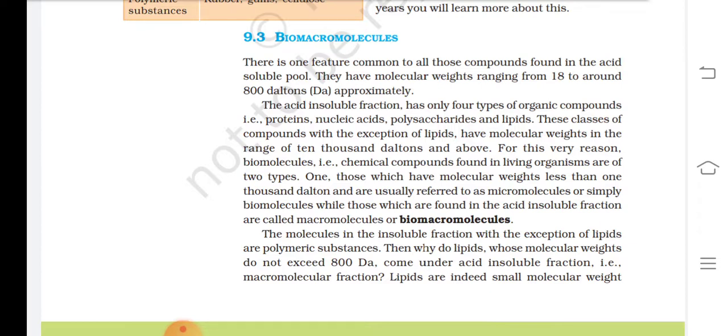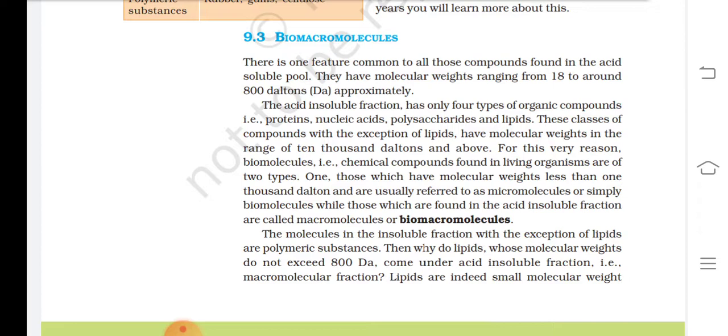For this very reason, biomolecules, that is chemical compounds found in living organisms, are of two types. One, those which have molecular weight less than 1000 daltons and are usually referred to as micromolecules or simple biomolecules, while those which are found in the acid insoluble fraction are called macromolecules or biomacromolecules.